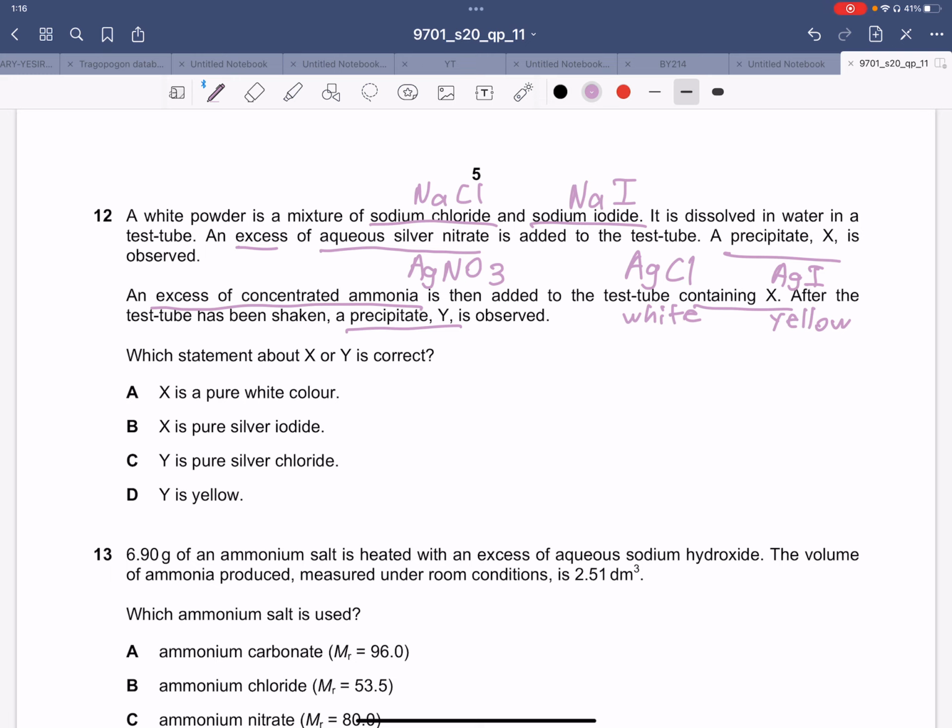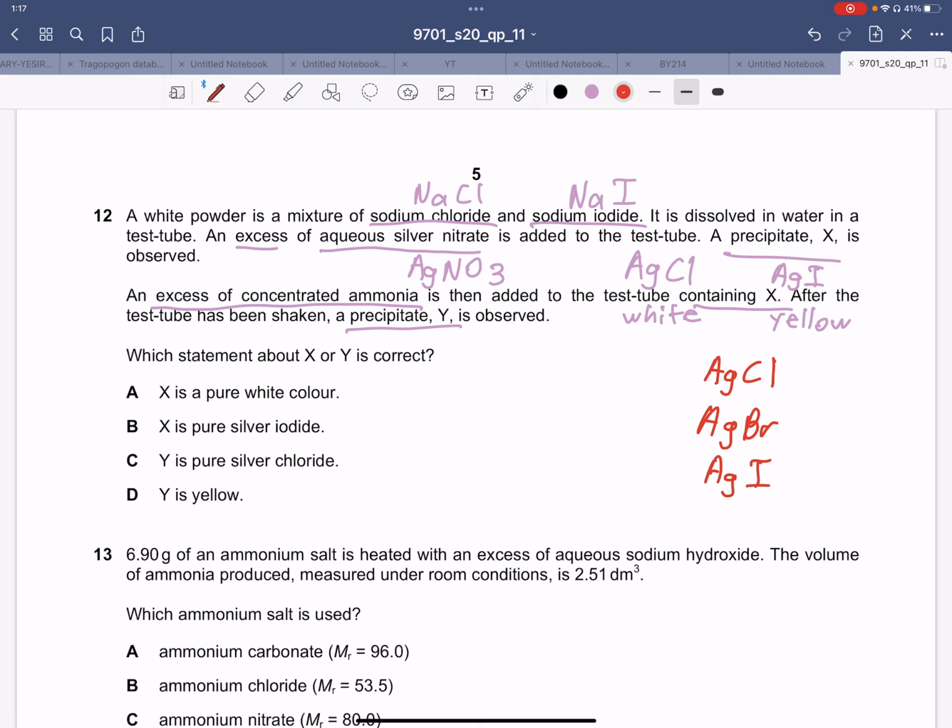So if you don't know, if you add ammonia to a solution of a silver precipitate, let's say, we don't have AgBr here, but let me just put that in as an example. So AgCl, AgBr, and AgI.